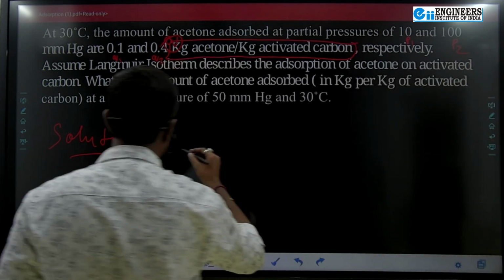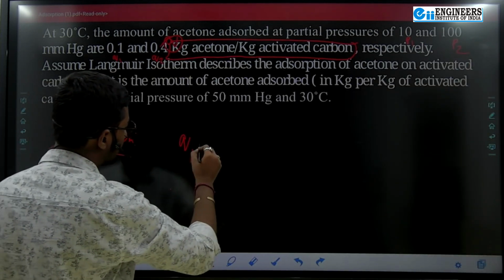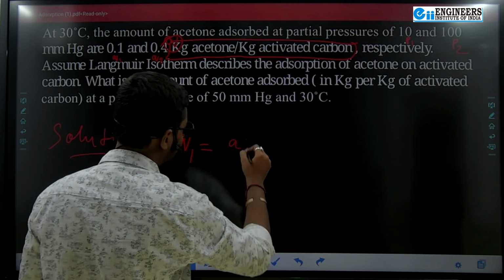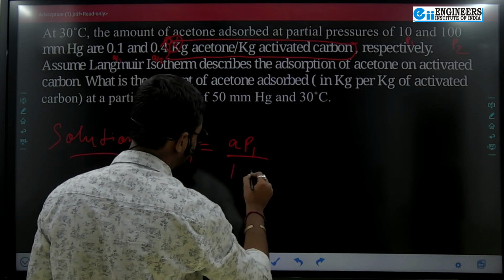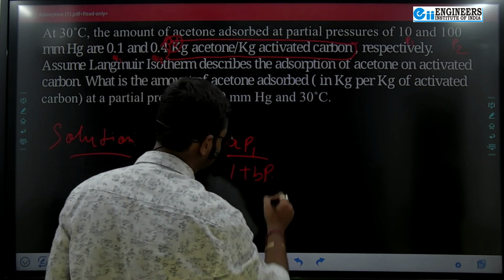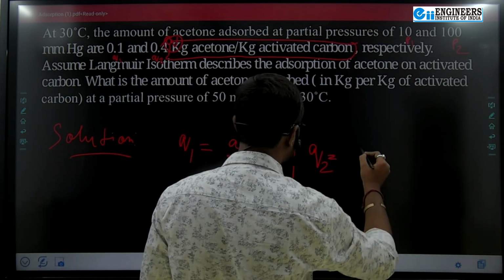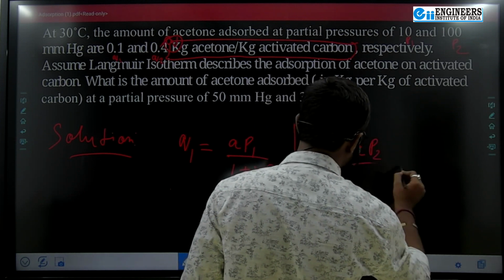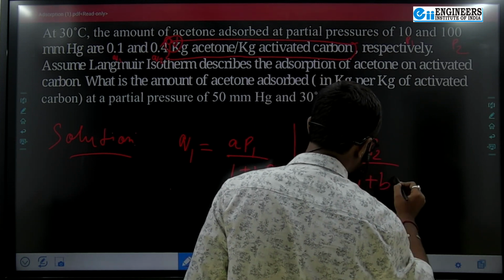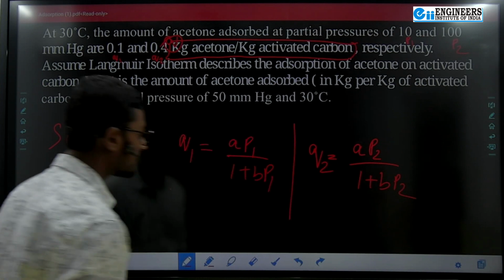So we can write according to our formula that Q1 is equal to A P1 divided by 1 plus B P1, and Q2 is equal to A P2 divided by 1 plus B P2. Okay.